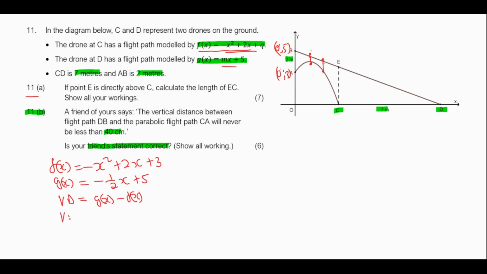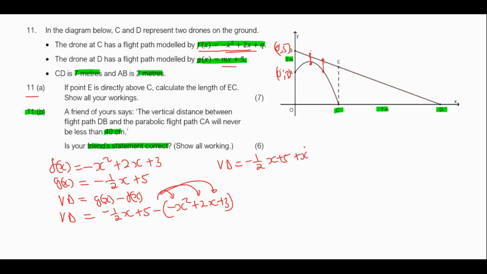So VD is equal to negative 1 over 2 x plus 5 minus the bracket negative x squared plus 2x plus 3. Then we distribute the negative, so it's going to be plus x squared minus 2x minus 3.